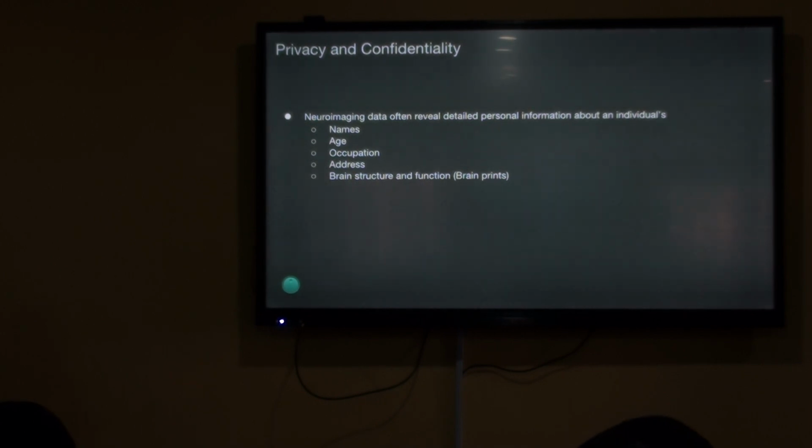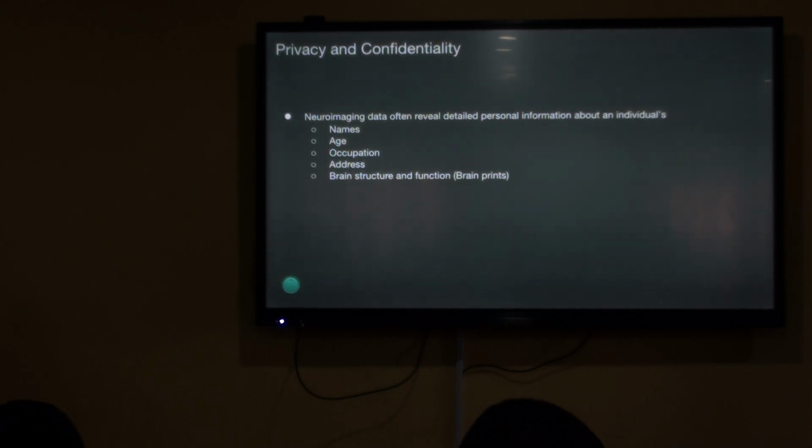Confidentiality is your responsibility to keep the privacy of your patient or your participants safe. Whatever they tell you through the experiment, through the research process, it is your responsibility not to share it arbitrarily.